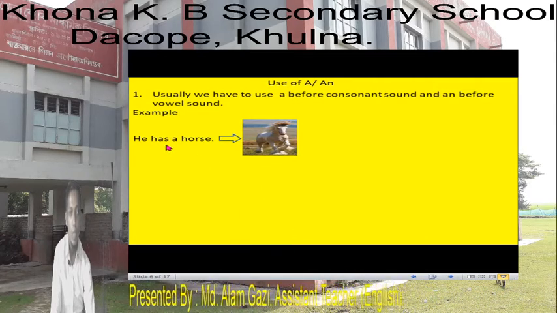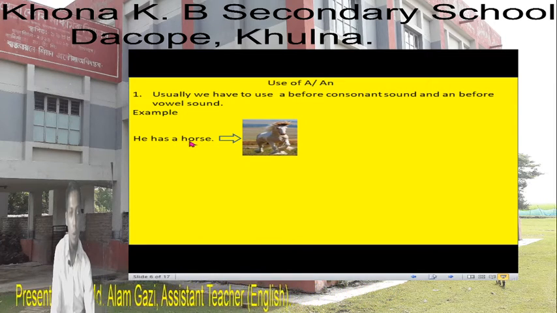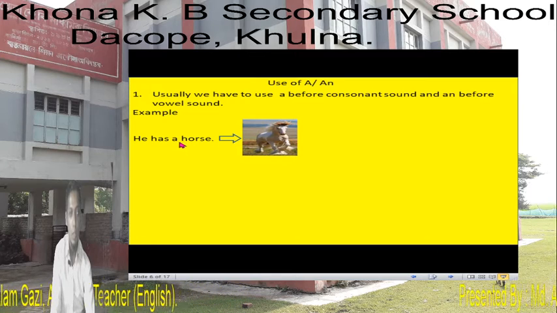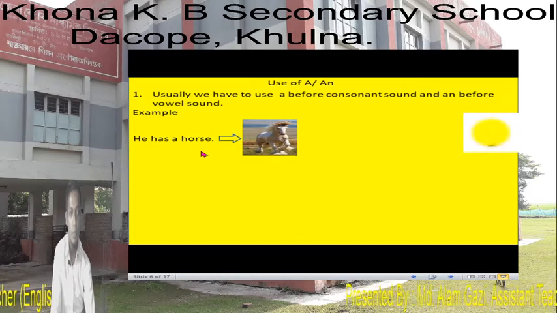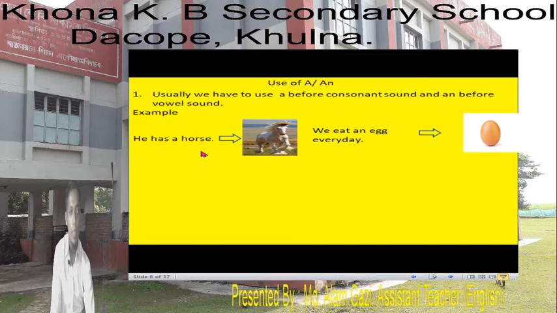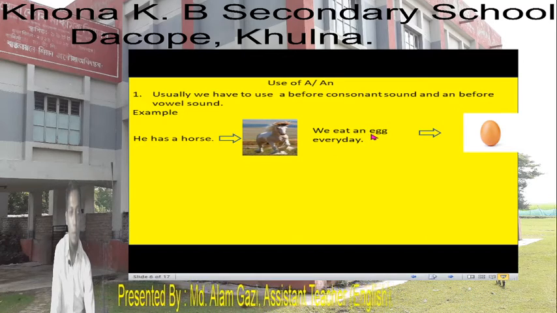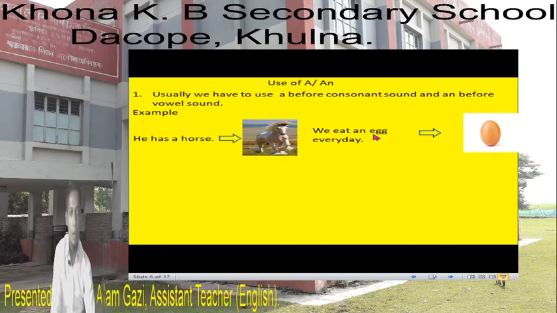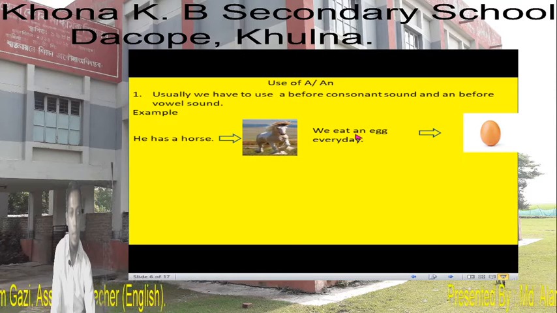Here we use a before horse because the word horse starts with consonant sound h, so we use a before horse. We eat an egg every day. Here we use an before egg because the word egg starts with vowel sound e, so we will use an before egg.